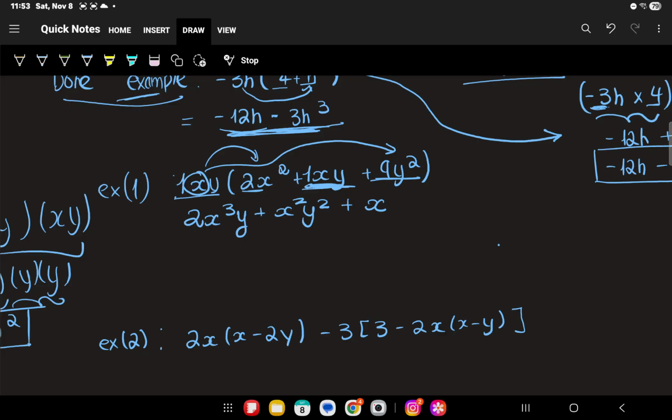Now we're left with y, or 1y times y squared. Using our exponent rules, we can say that y to the power 1 times y to the power 2 is y to the power 3. So we bring that y to the power 3 down.